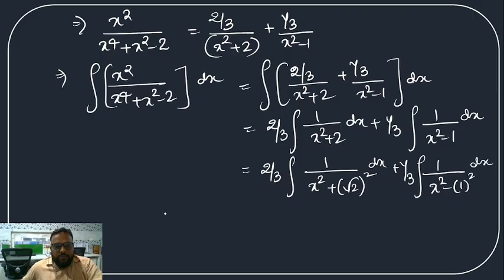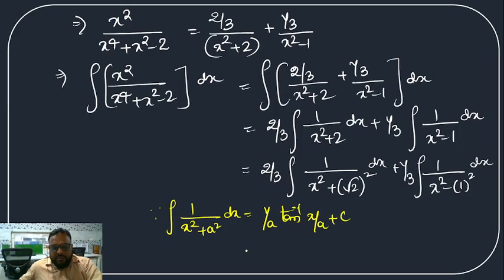Right. We know the formulas for this. Integration of 1 by x square plus a square dx is equal to 1 by a tan inverse x by a plus c.